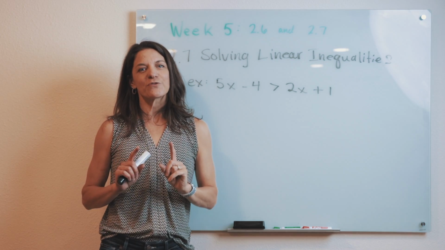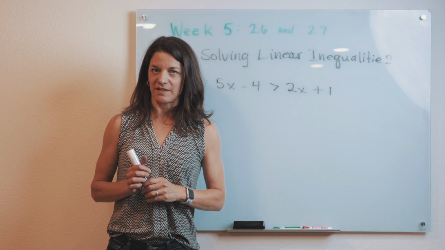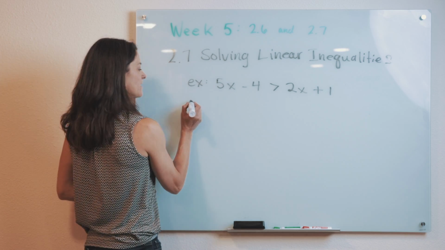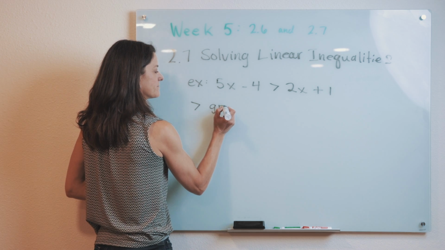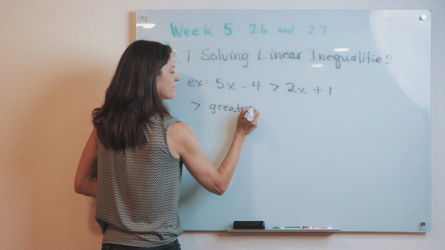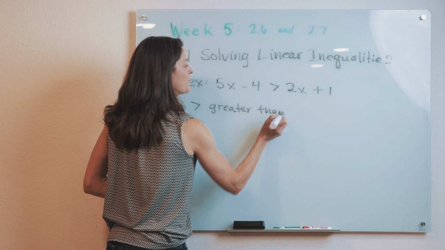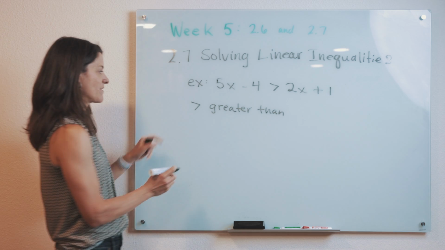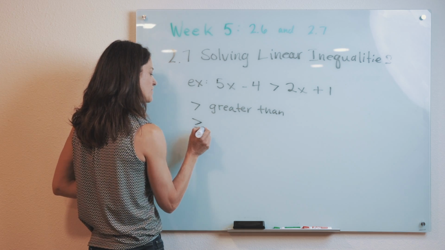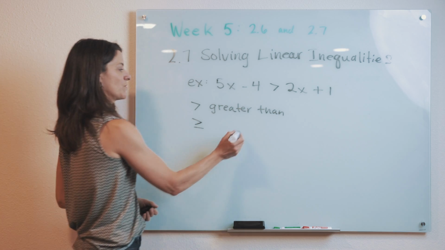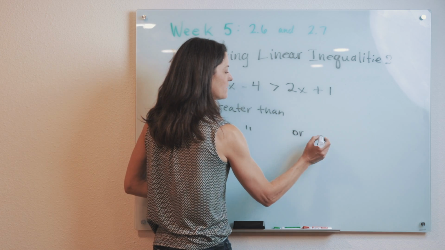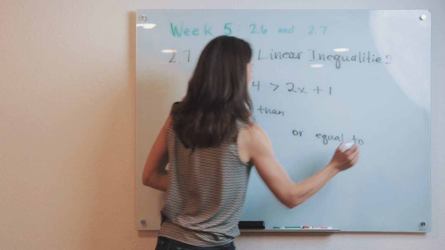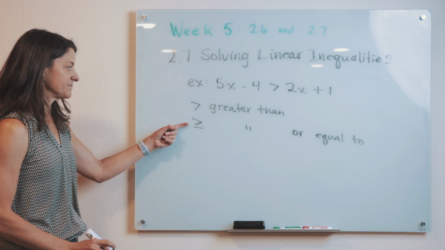Let's first just go through what those inequality symbols stand for. The one that we have in this inequality is greater than. It opens up to the left. That tells us that it's greater than. Now, if we want to have it greater than or equal to, we add a little half of an equal sign underneath the greater than sign.